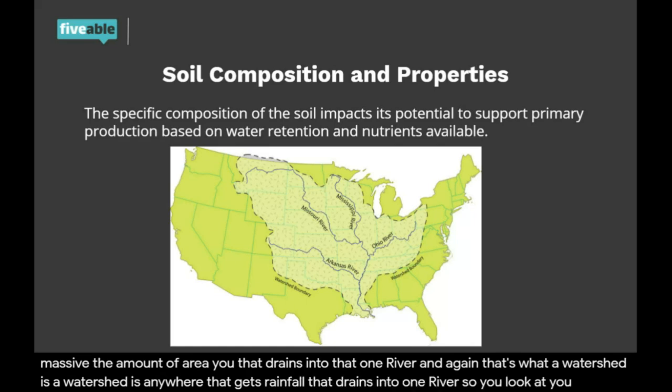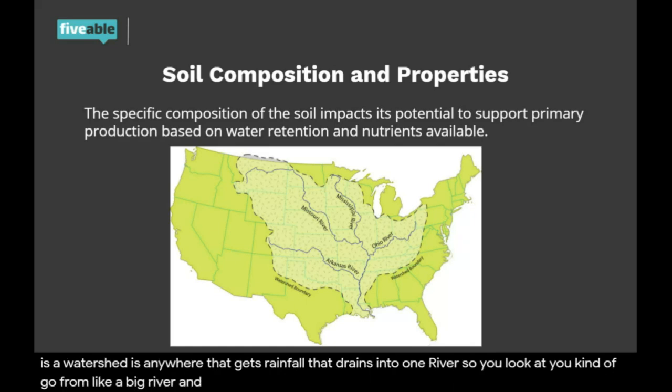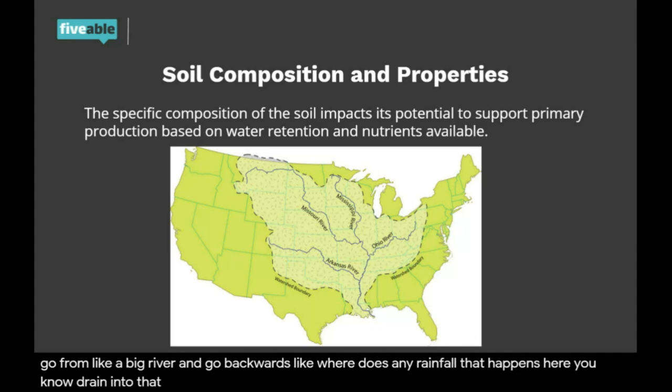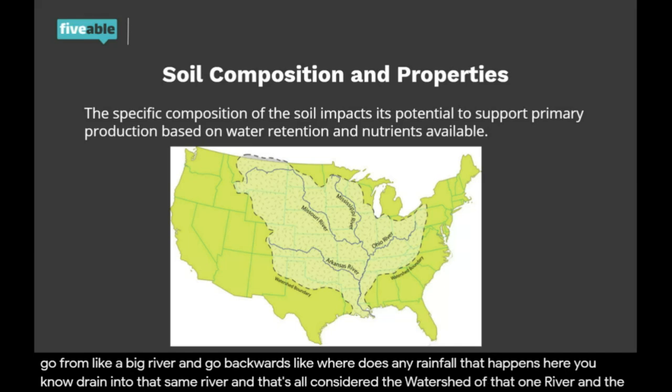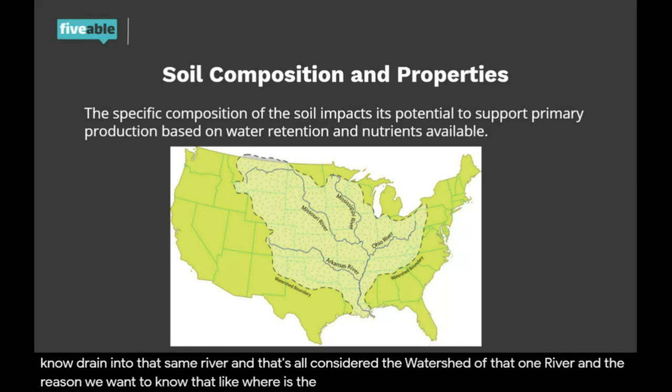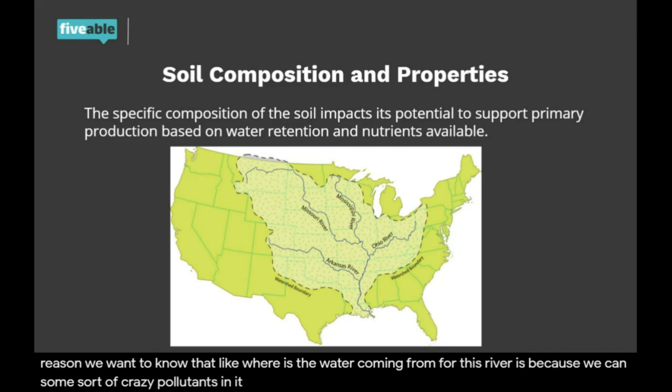So you can go from a big river and go backwards: where does any rainfall that happens here drain into that same river? And that's all considered the watershed of that one river. The reason we want to know that, where is the water coming from for this river, is because we can track it if this river seems to have some sort of crazy pollutant in it. Do we just look a mile out?